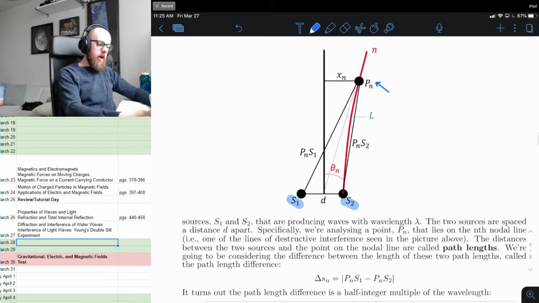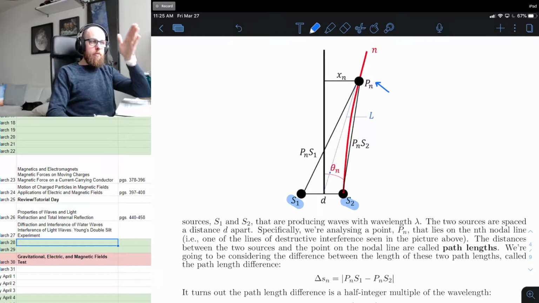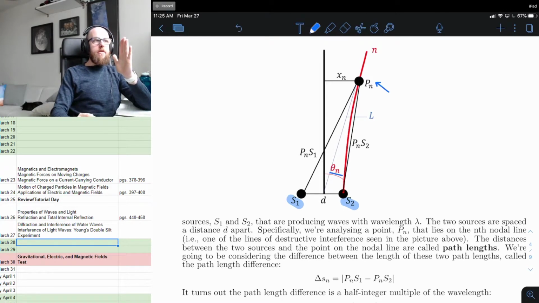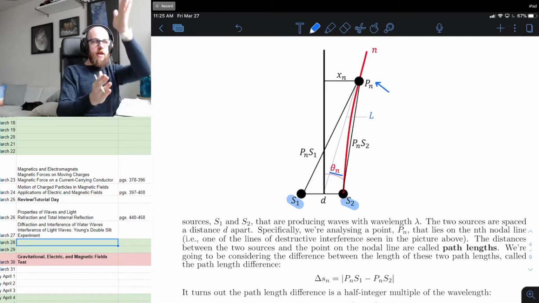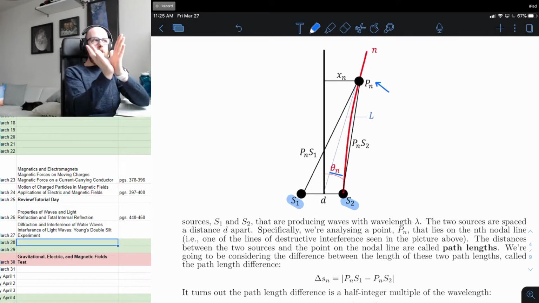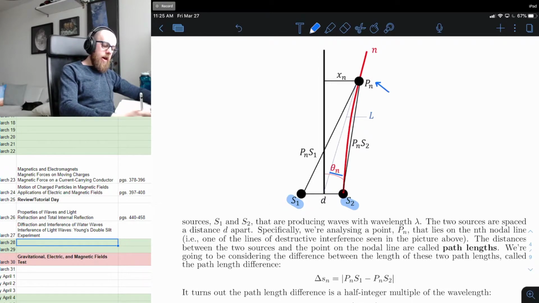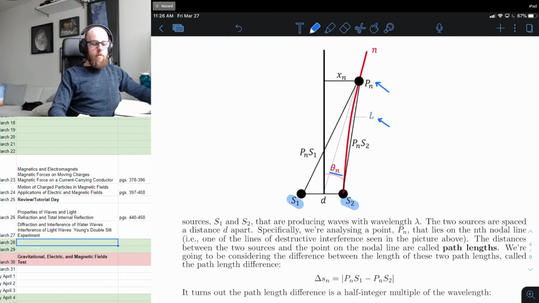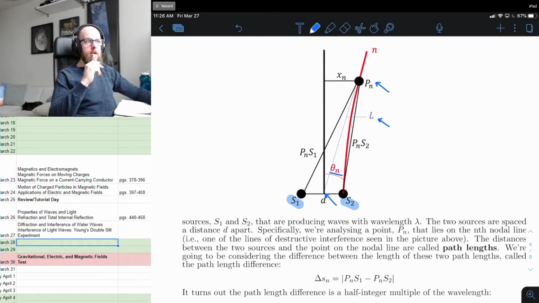We have the angle that the nodal line makes with the perpendicular bisector. That angle is measured from basically the center of our pattern out to the nodal line. L measures the distance from the middle of the two sources, right in between the two sources, to our point that we're selecting.